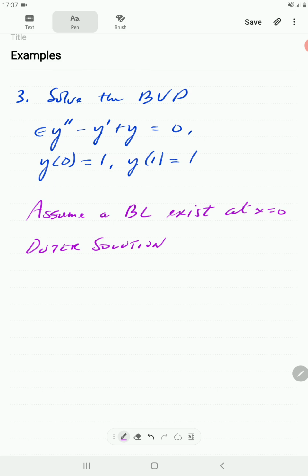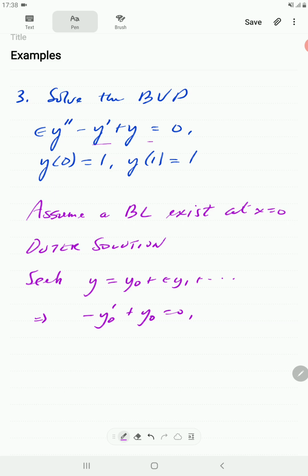So the leading order, if we let y be equal to y naught plus epsilon y1, etc., then y naught is going to satisfy minus y naught prime plus y naught equal to 0, which is obtained by just setting epsilon equal to 0 there.